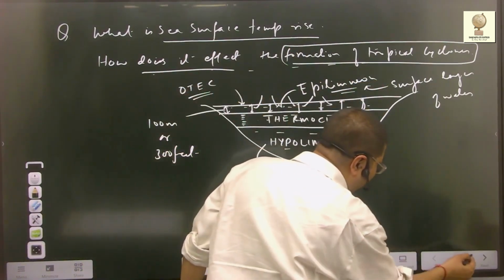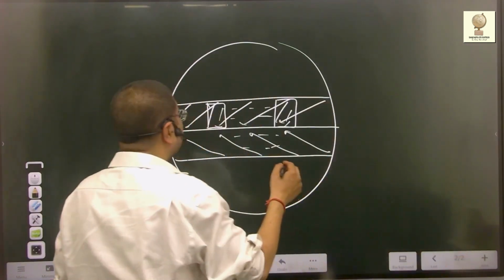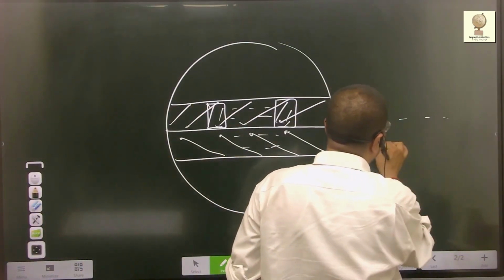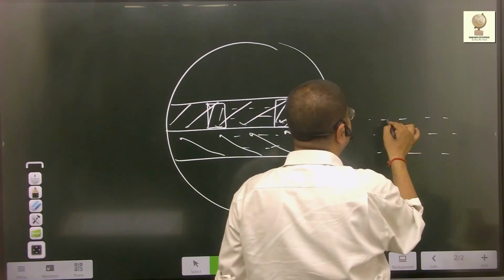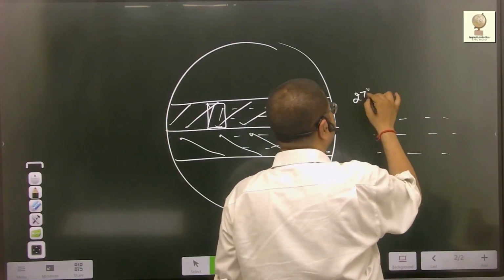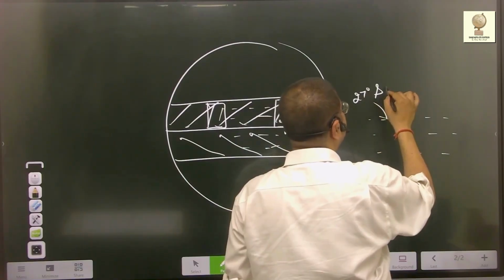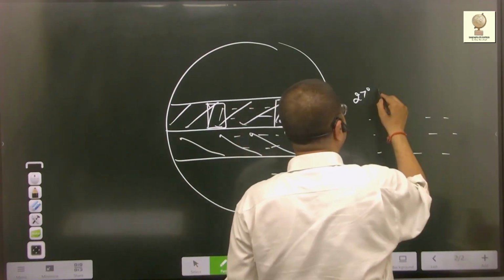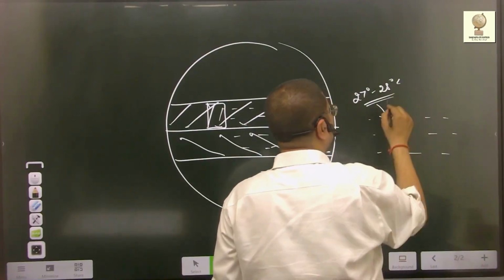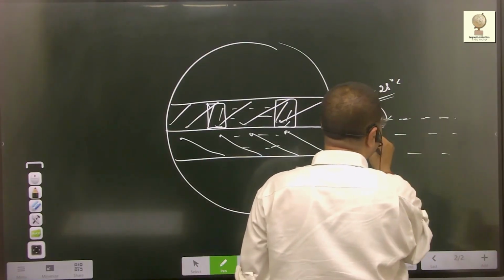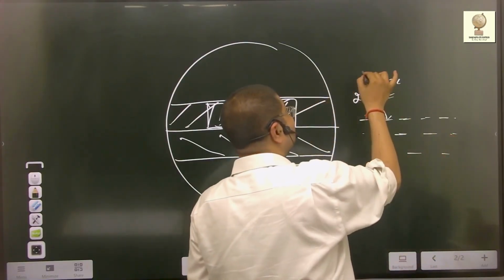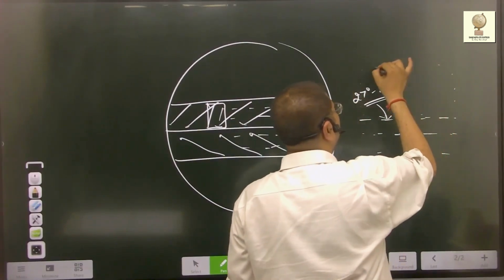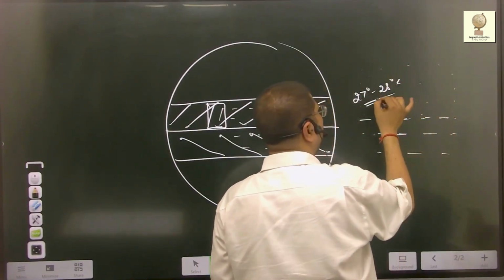Tropical cyclones always get formed over those seas where the surface temperature of the sea is 27 to 28 degree centigrade, where the sea surface temperature is high, because in this case the adjoining layer of air over the sea is full of vapor.